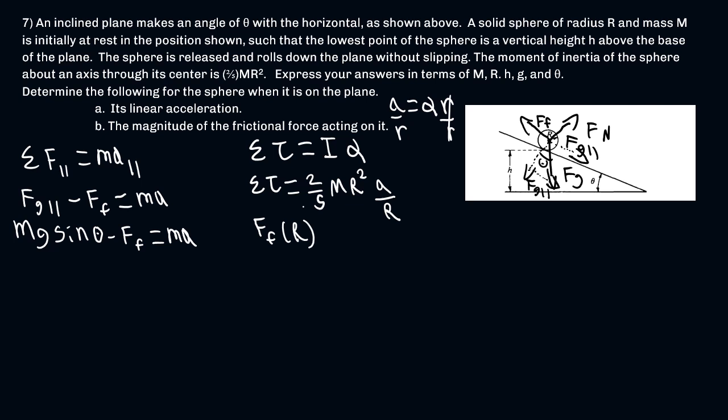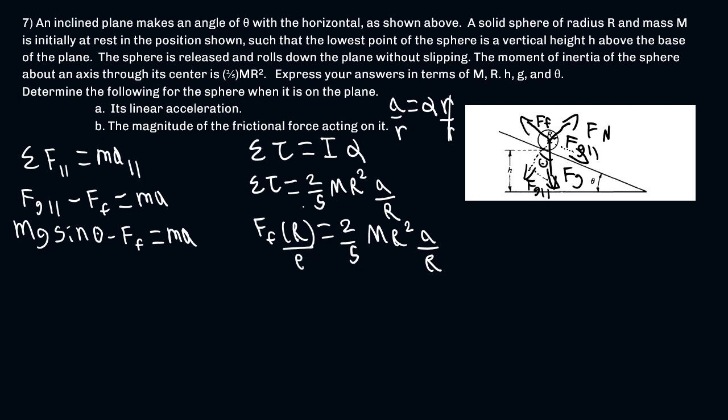Again, this force is going to be perpendicular to our sphere, so we're not going to worry about sine theta because sine of 90 is 1. So now this is equal to 2/5 the mass times r squared times a over r. Our last thing here, I want to get rid of this r, and I can easily.